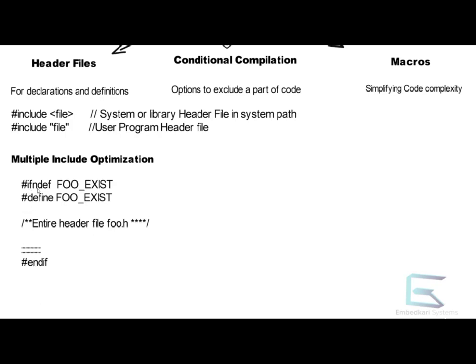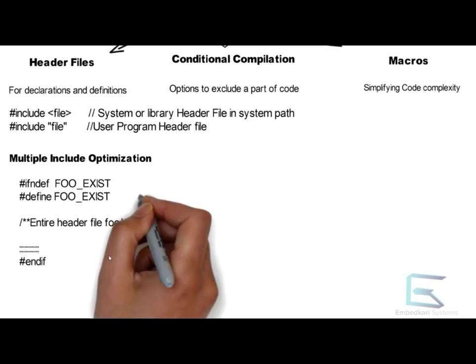How? Because the first time it encounters this, it will go inside. With if and define, it is not defined the first time, so it will go inside and define it. But the next time, in the second occurrence, it is already defined, so it will not go inside. It will not even consider that. That's why it is also called an optimization from the preprocessor point of view.